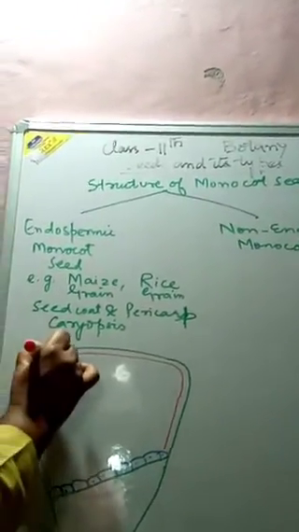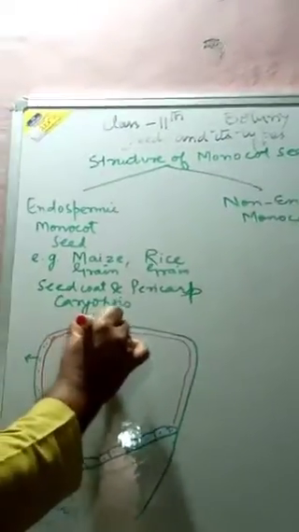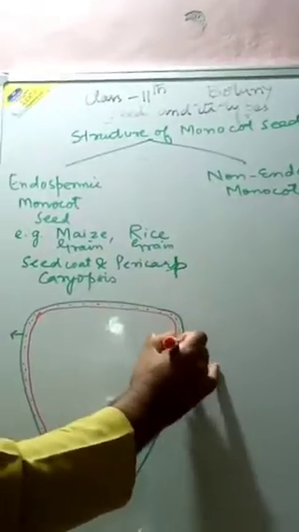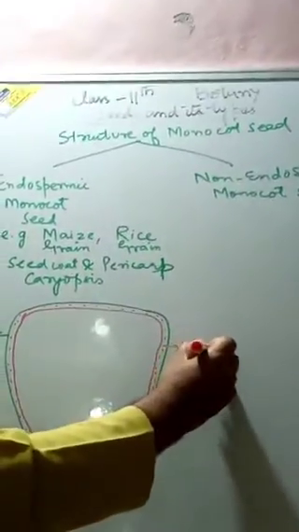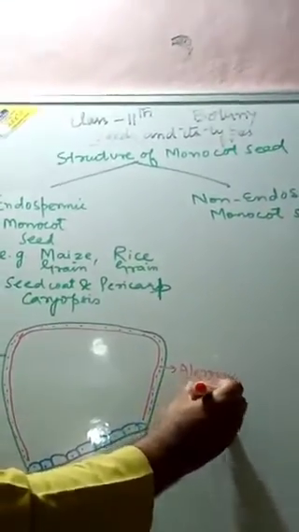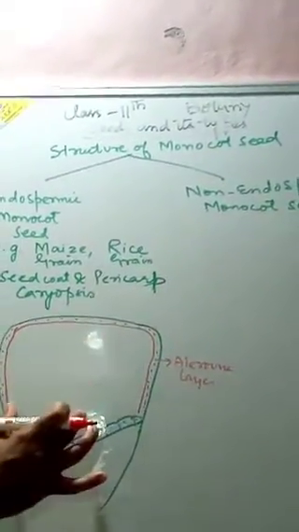This aleurone layer is proteinaceous in nature. So this is the aleurone in this endospermic part.